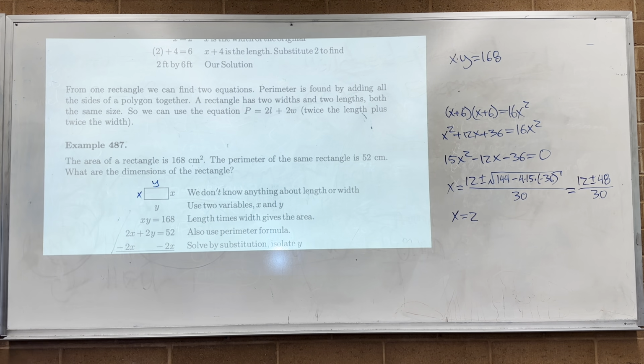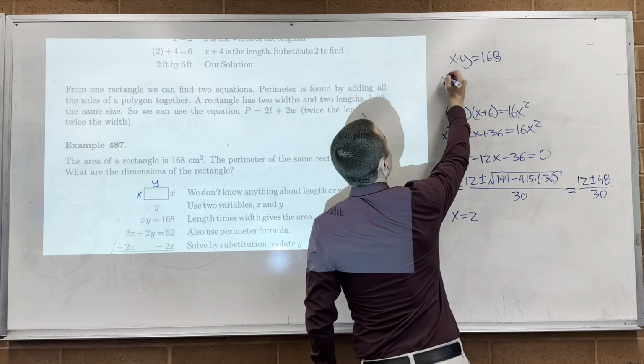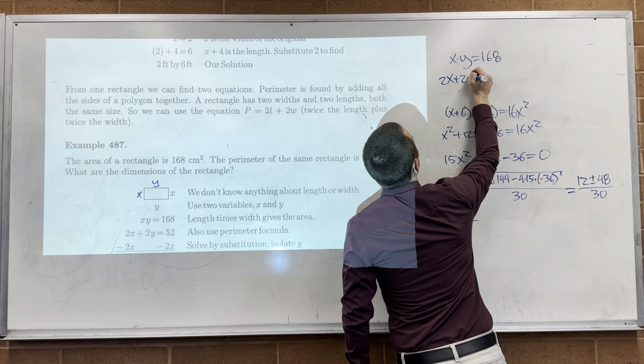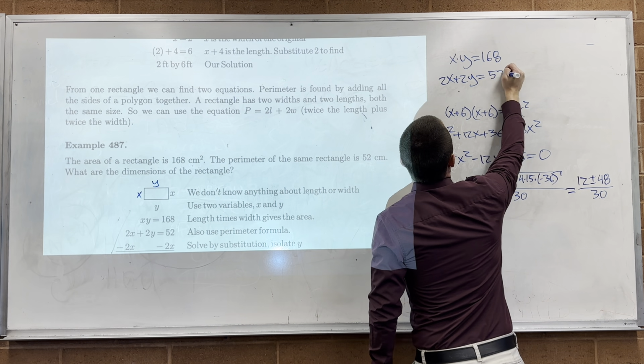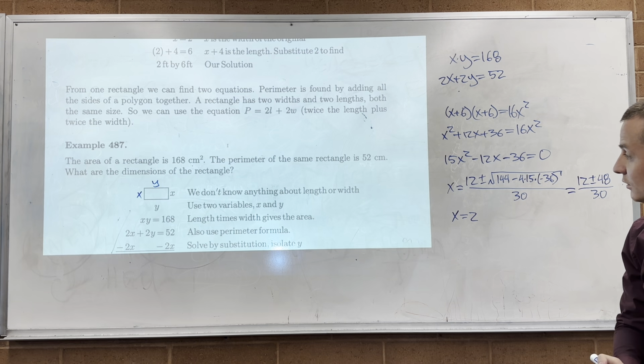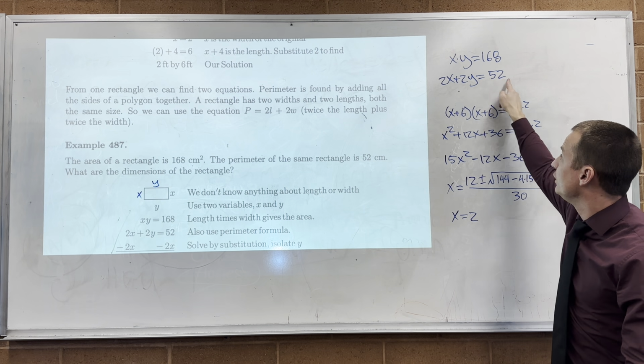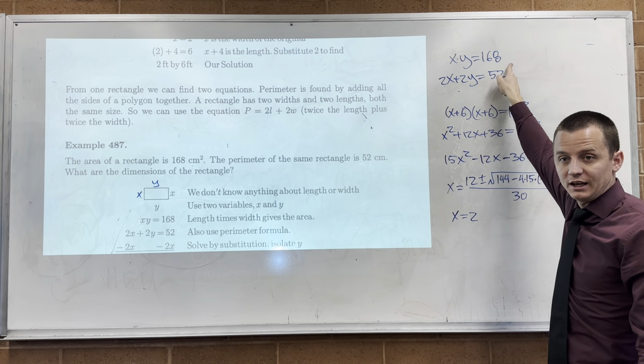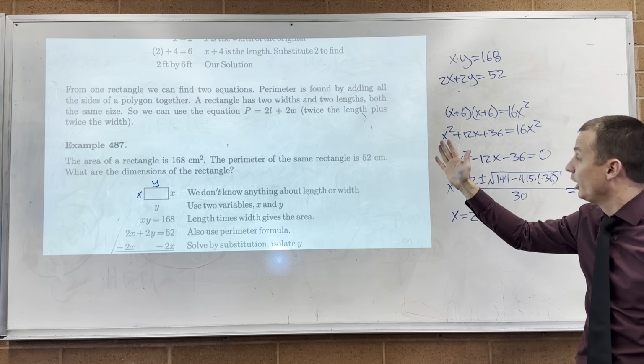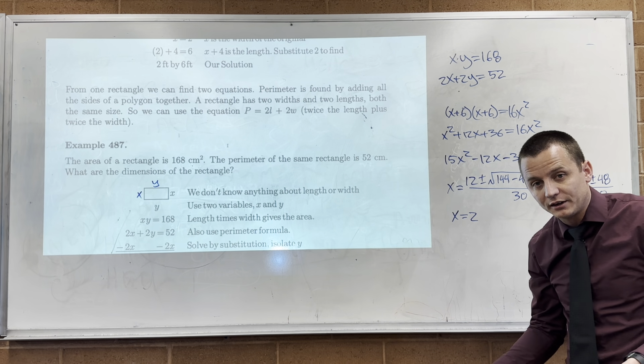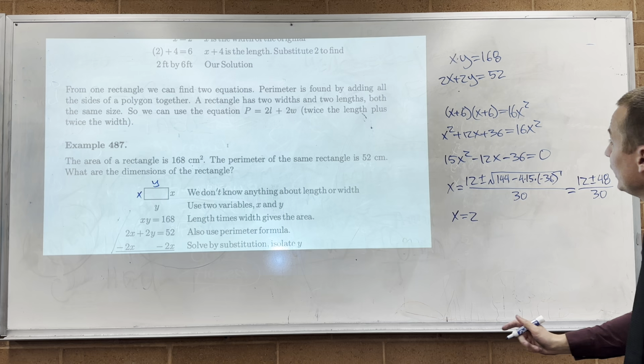And so when we add them all up, what do we get? 2x plus 2y equals 52. The perimeter is 52. The area is 168. We have 2 equations, 2 unknowns. Solve for one, plug into the other. Doesn't matter which way we do this.